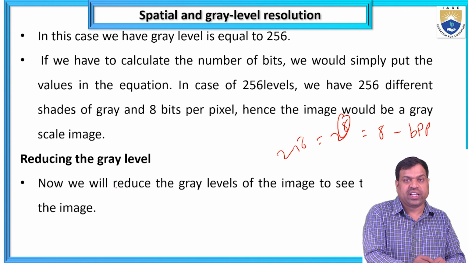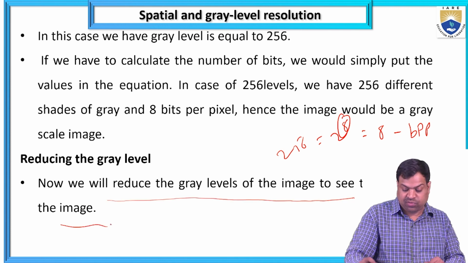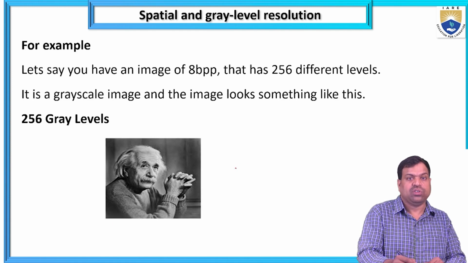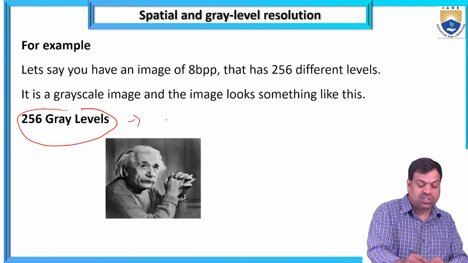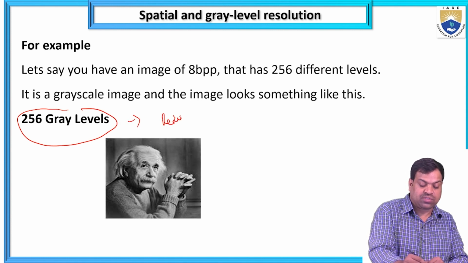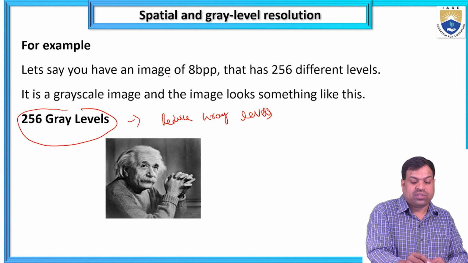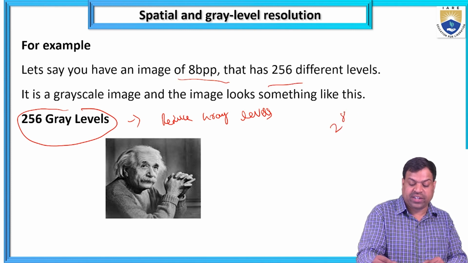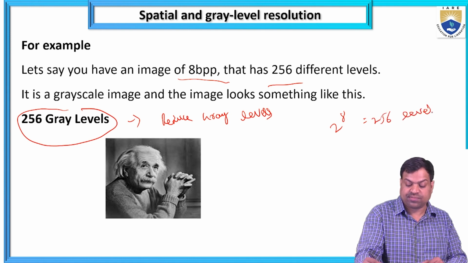Suppose I want to reduce the gray levels in the image, for example, reduce 256 to 128. The image with 8 bits per pixel, that is 2 power 8, means 256 different levels are there.